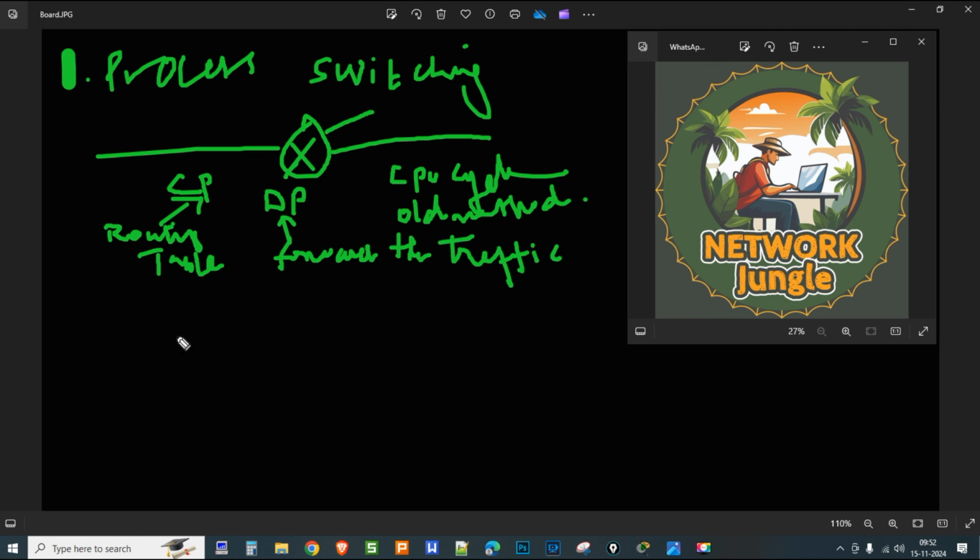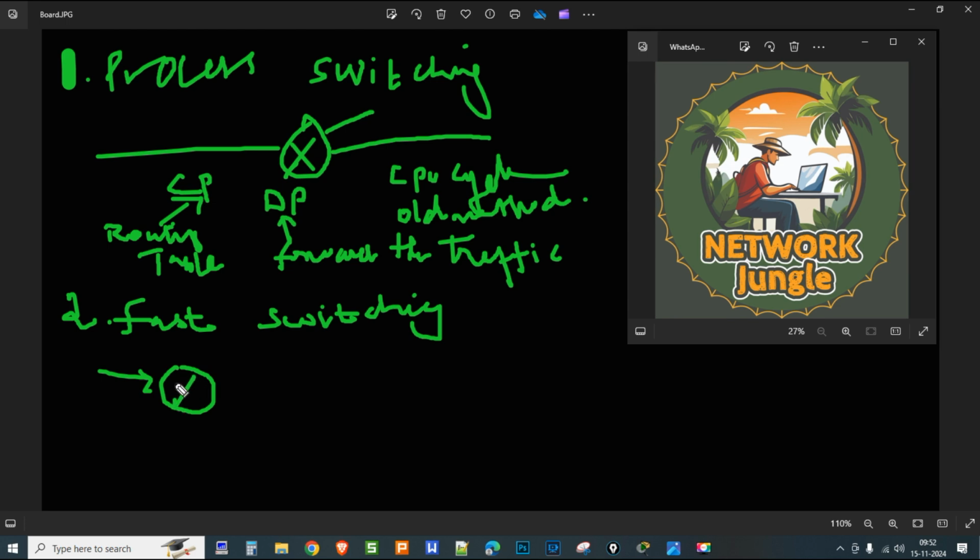Second one, fast switching. It is the second generation of the packet forwarding mechanism. It can store the routing information in a cache in the router for a particular time.